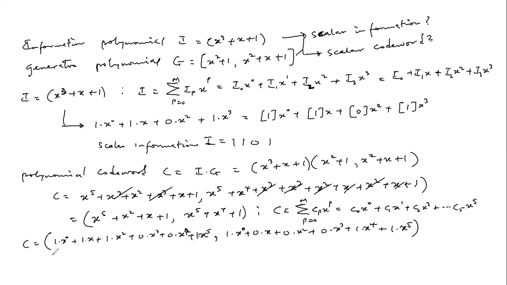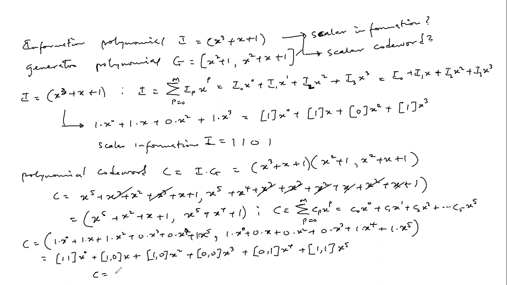So when we collect the like terms, this will now be the same as 1, comma 1 x naught plus 1, comma 0 x plus 1, comma 0 x squared plus 0, 0 x cubed plus 0, 1 x to the power 4 plus 1, 1 x to the power 5, such that the scalar code word will be the same as 1, 1, 1, 0, 1, 0, 0, 0, 0, 1, 1, 1.